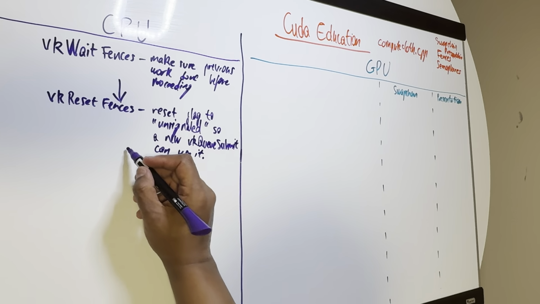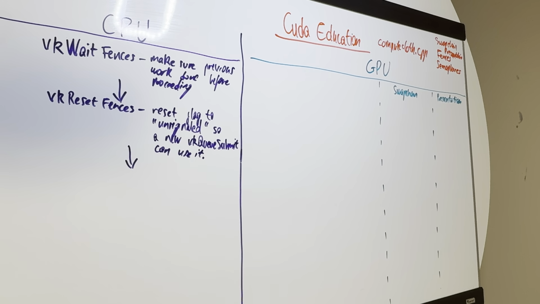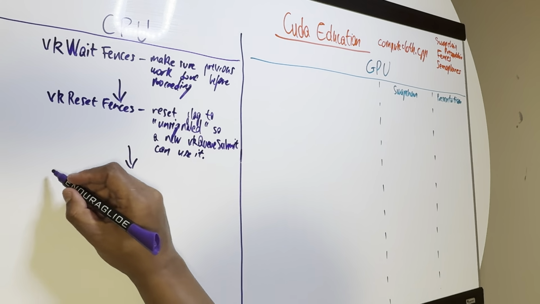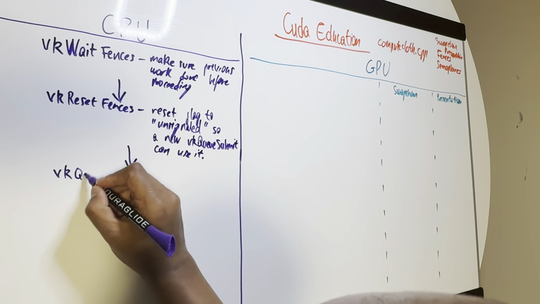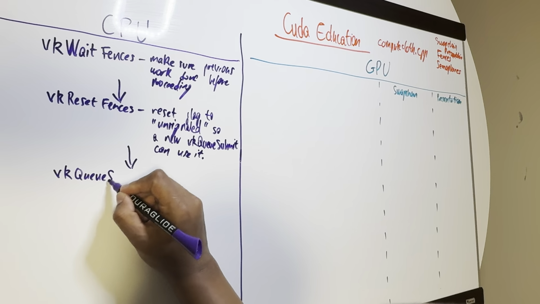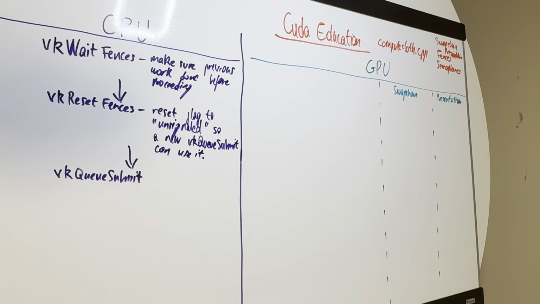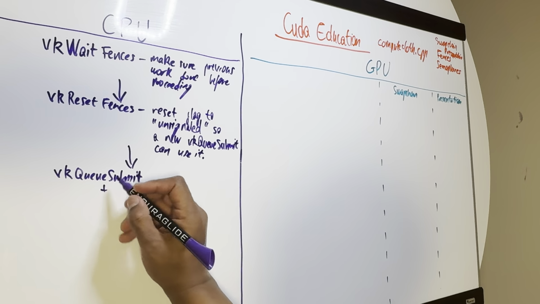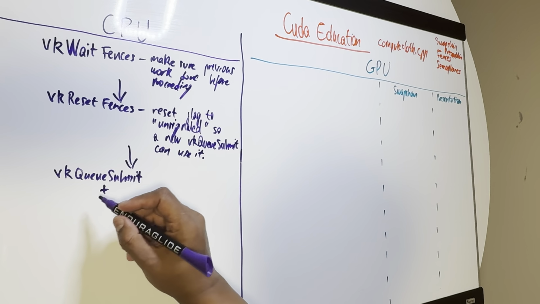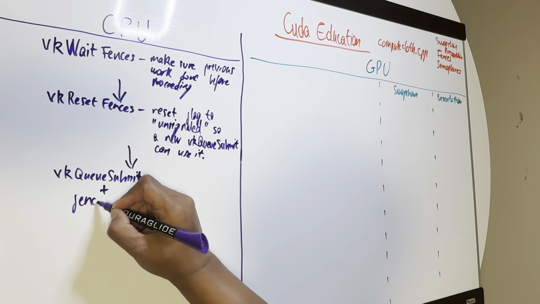And then we have the vkQueueSubmit. As part of the submission, we also have fences.